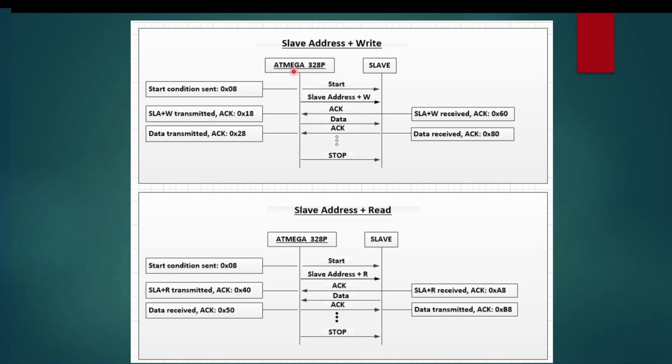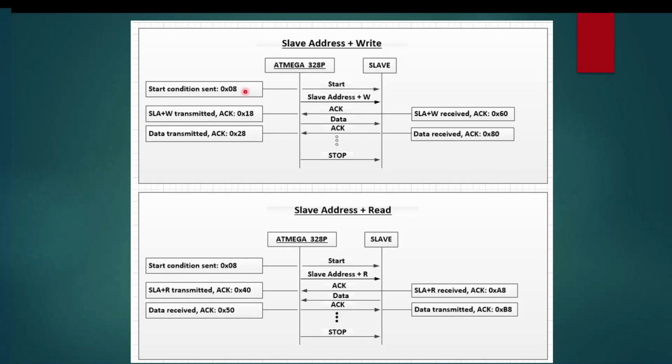The master is going to start the operation by sending the start message. After sending the start message, the master is going to monitor the status code. When the status code is equal to 08, that means the start command was transmitted successfully.